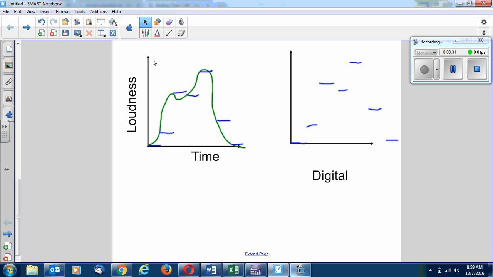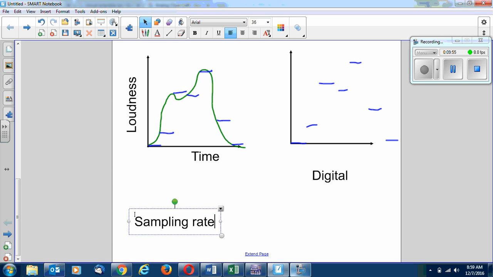This is the same idea: when you have enough values acquired that they're so close to each other that your ear cannot really distinguish the difference, then it sounds very analog to you. Okay, so it all comes down to something called sampling rate. And sampling rate is number of values per second.